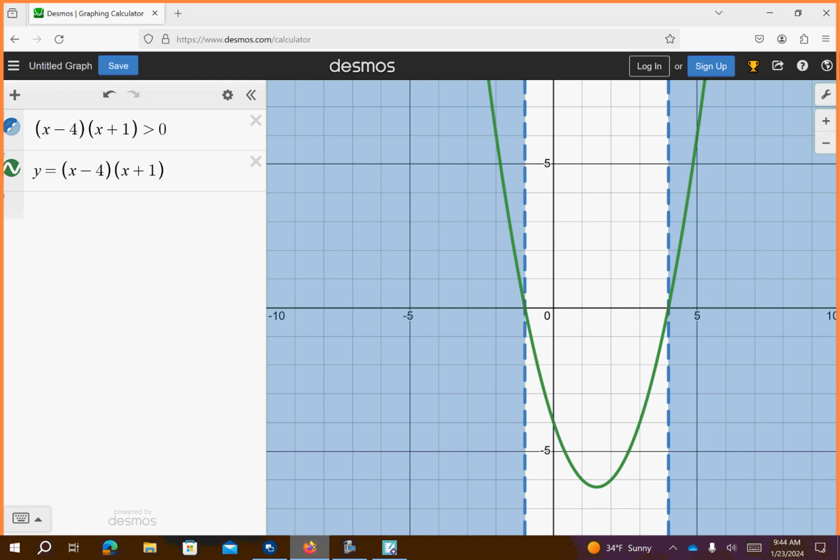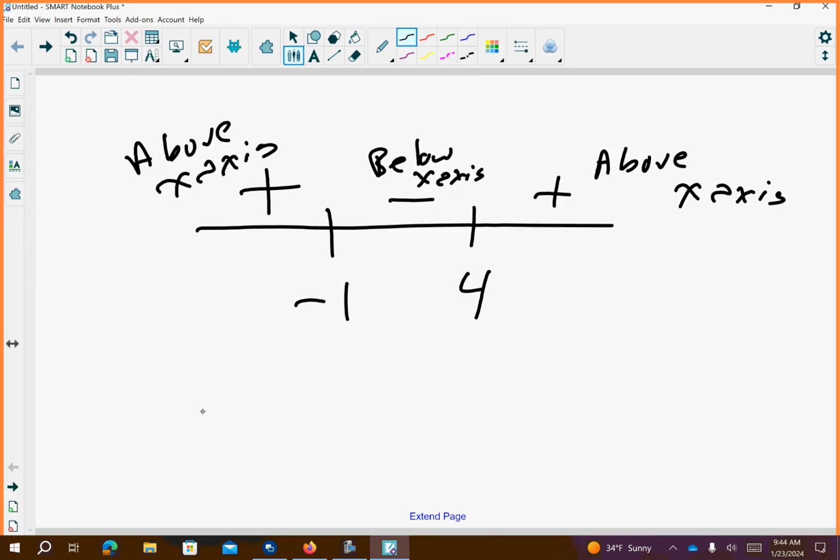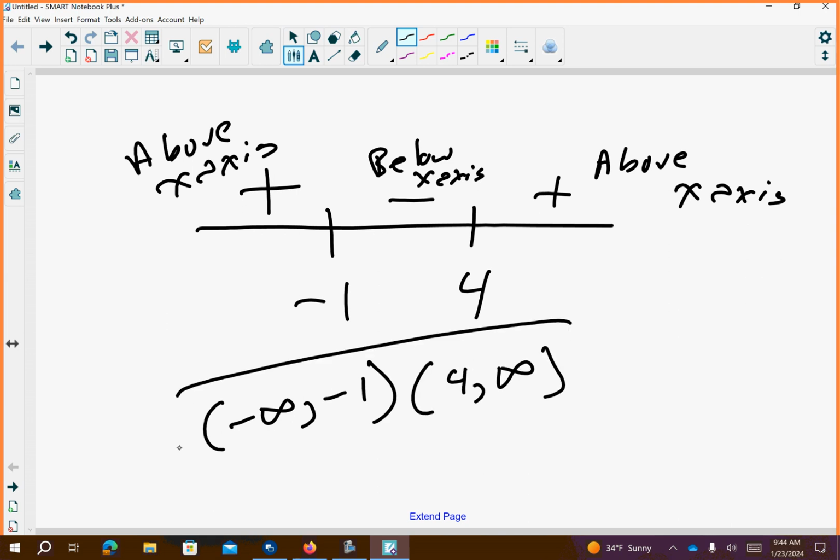Oh, the negative infinity, or yeah. So it's negative infinity to negative 1, and then 4 to infinity. That's what the answer actually looks like. Is that all we have to put? Yep. That's called interval notation. I don't know if you've ever heard that term or not, but okay. So I think some of you are starting to figure out that.